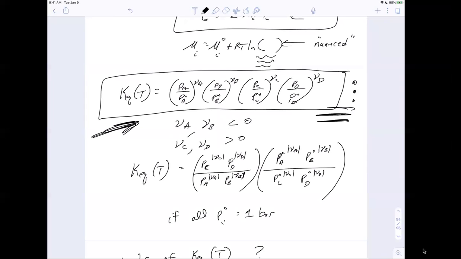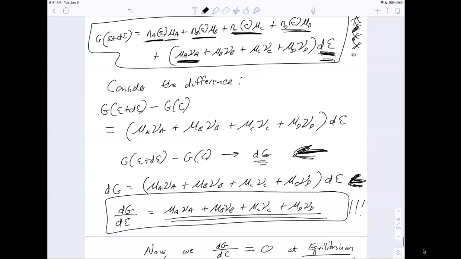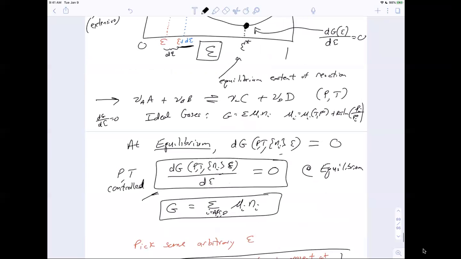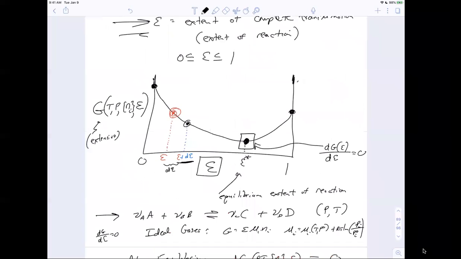So any questions? To go back, that's what we did here. We found this point, and we found that at that point, this holds. That's what happens at that point right here. That's what we've shown.